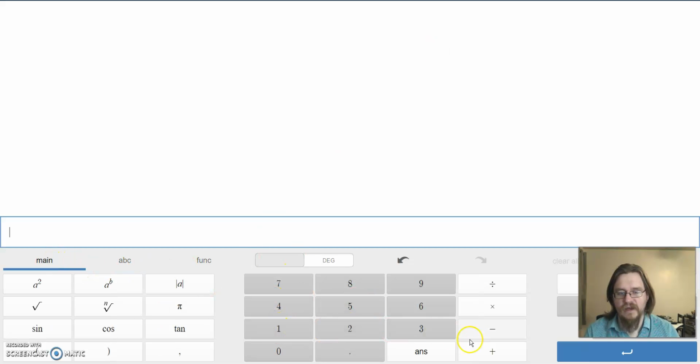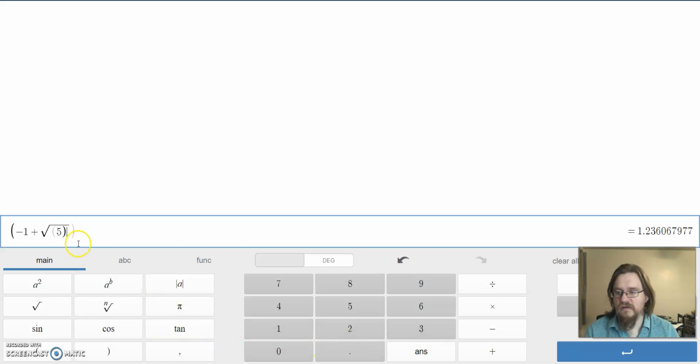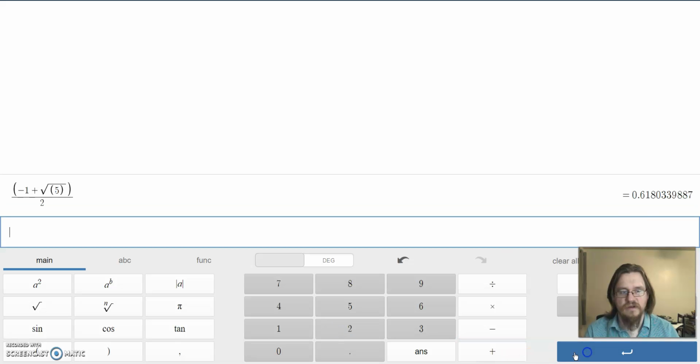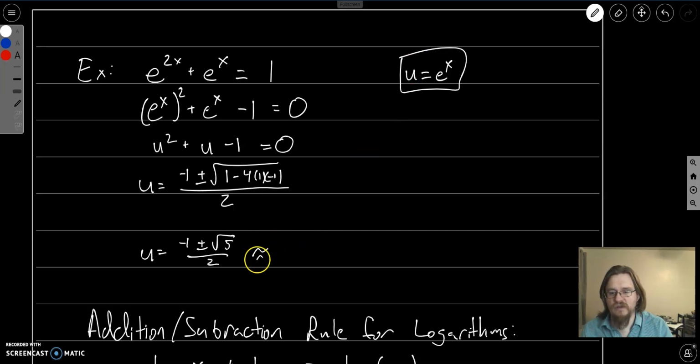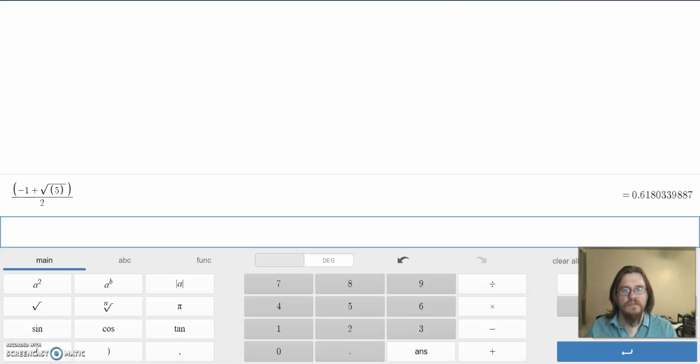So we'll have, I want to put this in parentheses, negative 1 plus the square root of 5, divided by 2. And I'll just round to three places. This is going to be about equal to 0.618. We'll do the same thing.